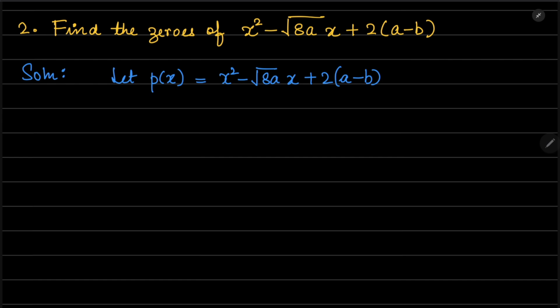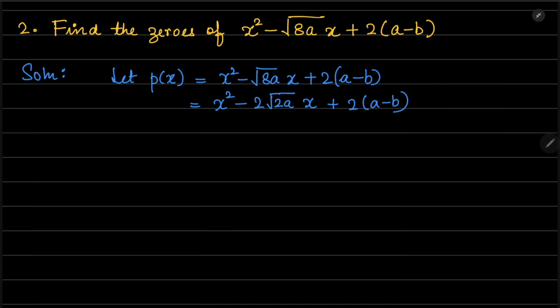This root of 8, I can write it as root of 2 into 2 into 2. So I can take 2 outside, I can write it as 2 root 2. So this is nothing but x square minus 2 root 2 a x plus, I can write it as 2 into a minus b.